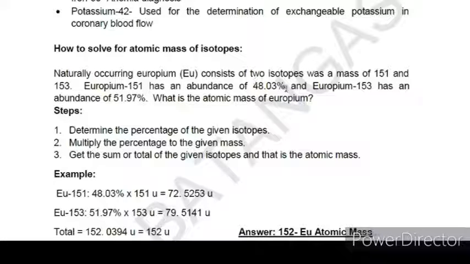One is 48.03 and the other is 51.97. So, ano ba yung percent abundance? Ganun sila karami in nature. Yan yung pinaka nagsasabi kung approximately anong percentage ang 151 europium naturally, at ilan ang percent ng abundance ng 153 europium.